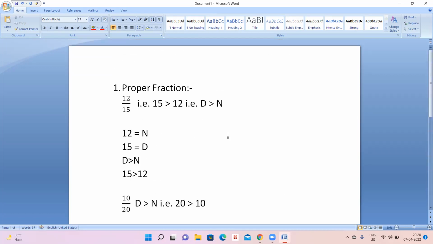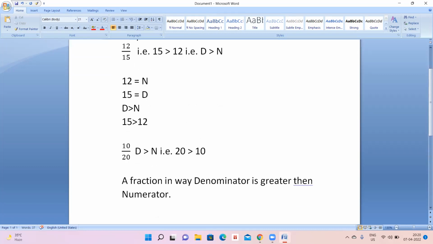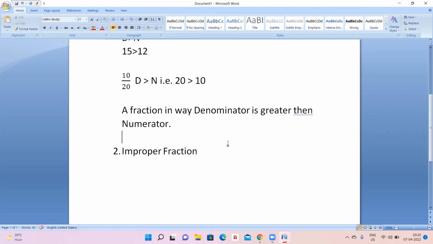So my dear students, let's take a few more examples. I think you have understood this. Now let's move on to the second type of fraction, that is the improper fraction. Now understand what an improper fraction is. My dear students, as it is improper, things will be opposite now.